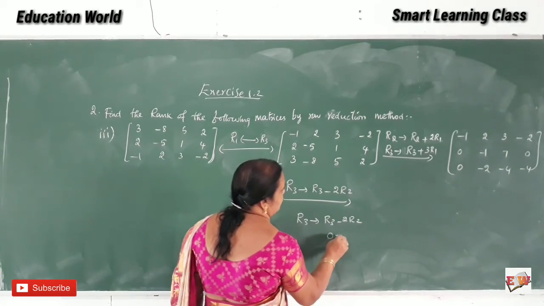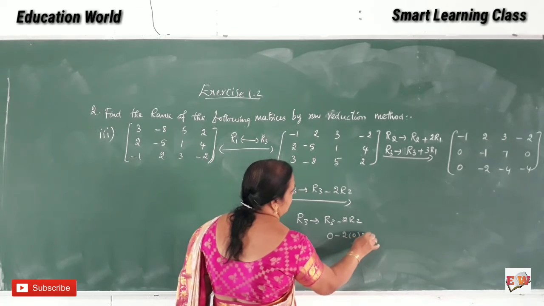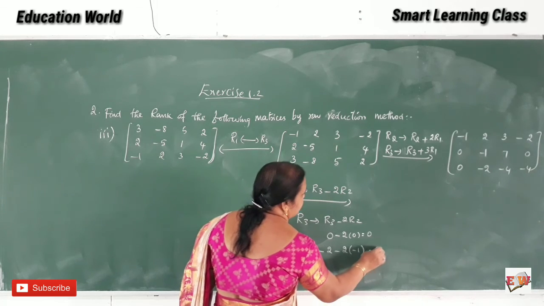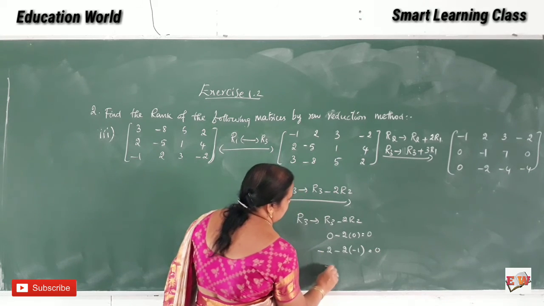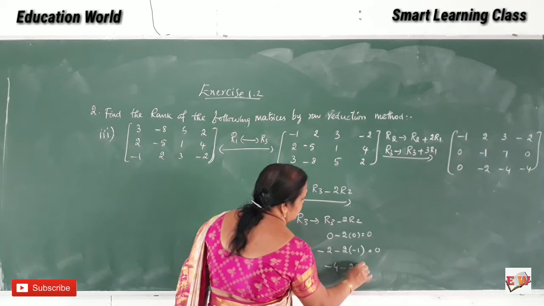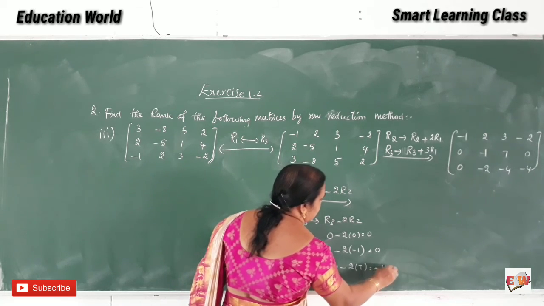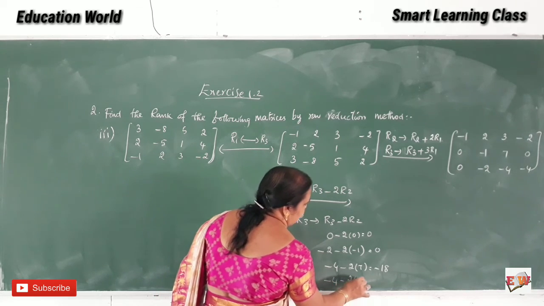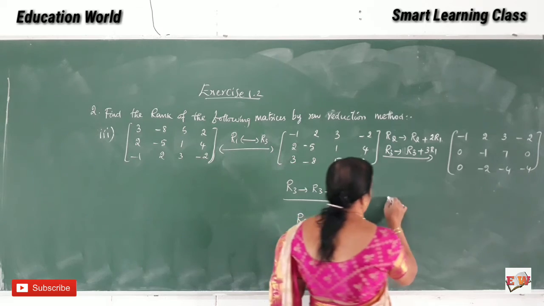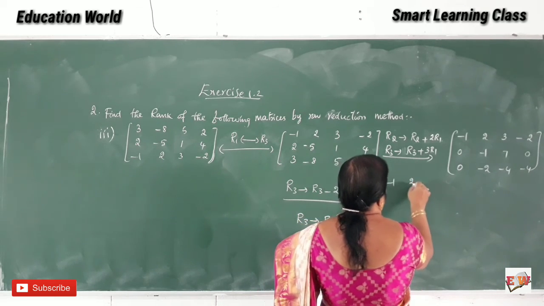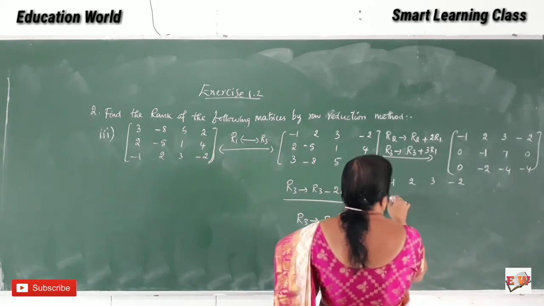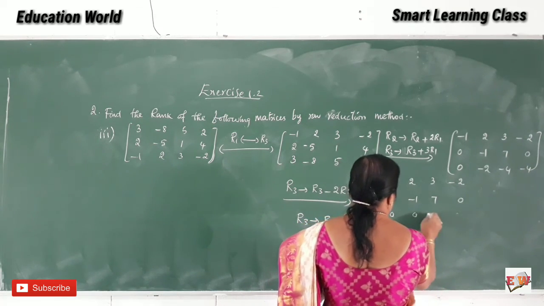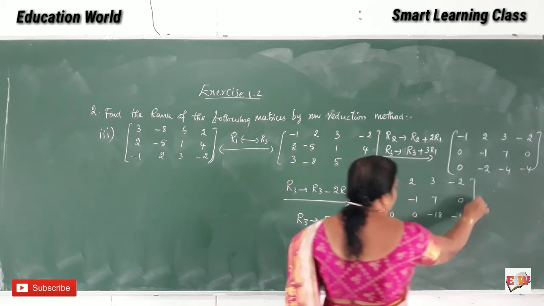See, first element 0, minus 2 into 0, 0. Second one minus 2 into minus 1, 0. Then minus 4 minus 2 into 7, minus 18. Then minus 4 minus 2 into 0, we are getting minus 4. So minus 1, 2, 3, minus 2, 0, minus 1, 7, 0, we transformed into 0, 0, minus 18, minus 4.